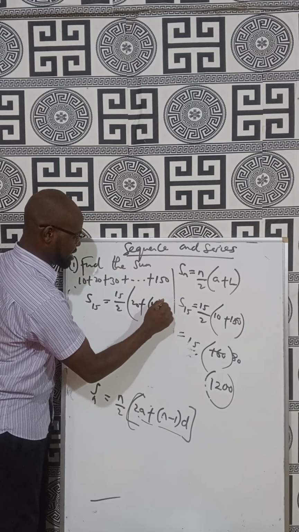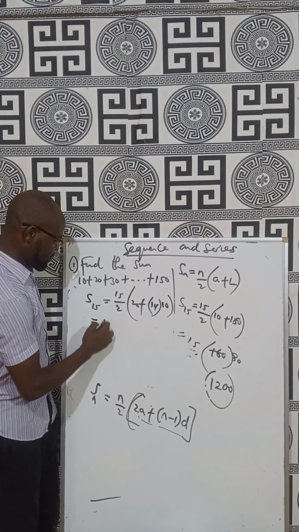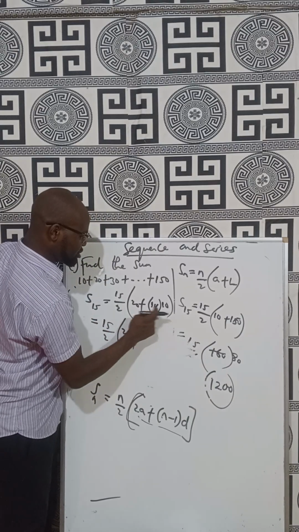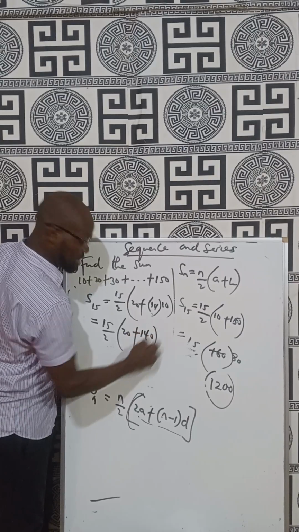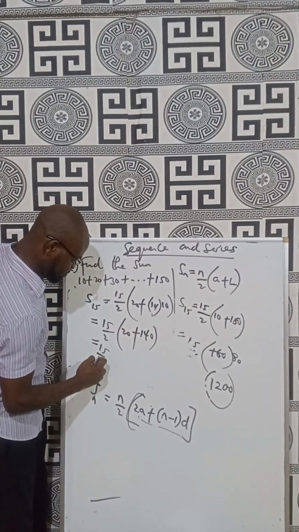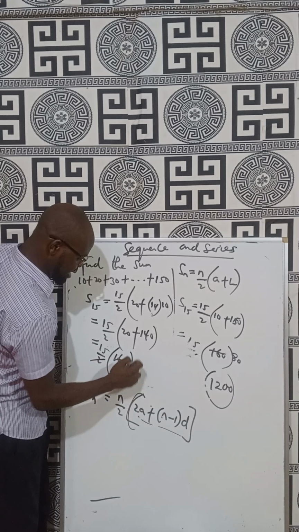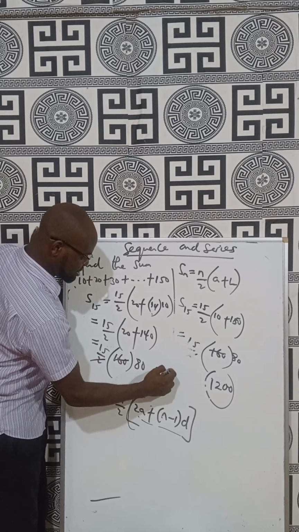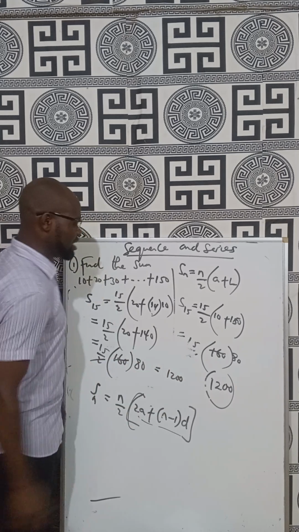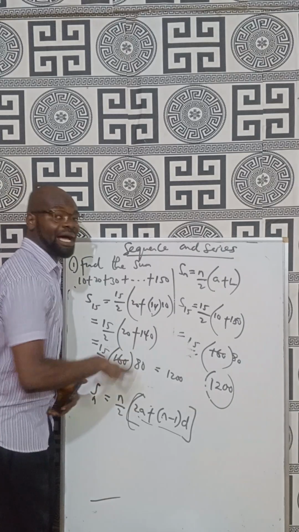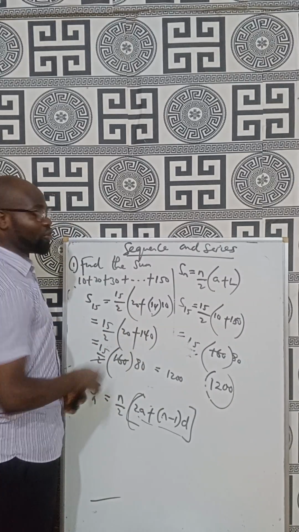So we have 15 over 2 into bracket 20 plus 14 times 10, which is 140. So 15 over 2 into bracket 160. Half of 160 is 80. So that's still the same 1,200. You can see we get the same answer by using any formula. So that's for the first question.